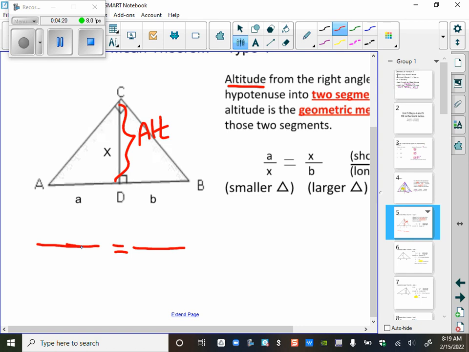Now your altitude, here's what you're going to do. Write it in the upper corner. However, you're going to rewrite it exactly diagonally, like this. Now, here's what you're going to do.